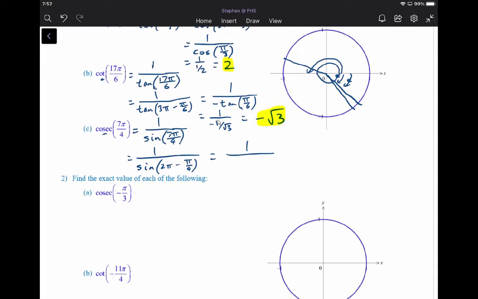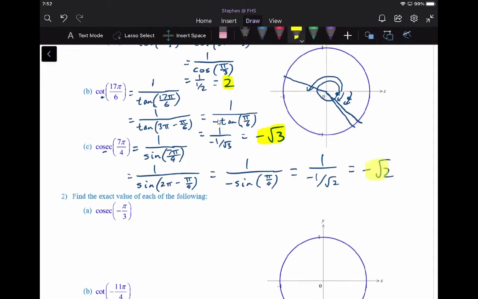So that's 1 over negative sine of pi over 4. And sine of pi on 4 from the exact value table or special triangles is 1 on root 2. So that's 1 over negative 1 on root 2, or in simpler terms, just negative root 2. And there we go. That is our answer.